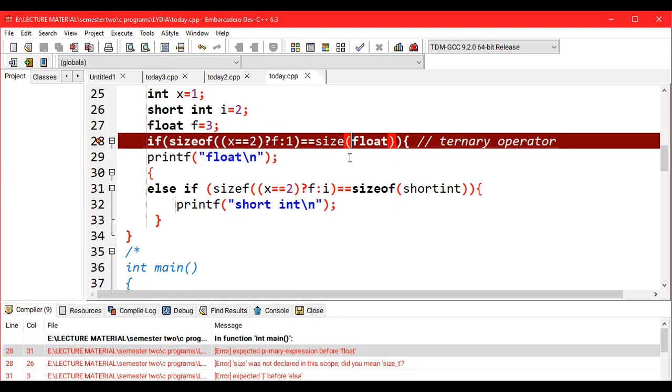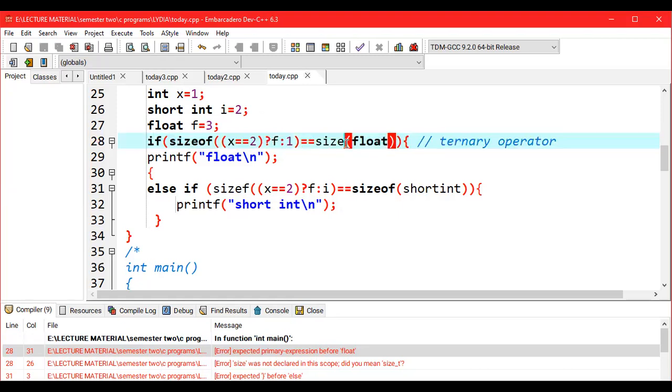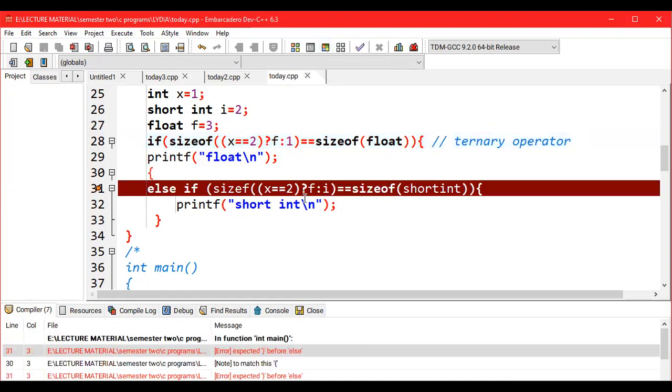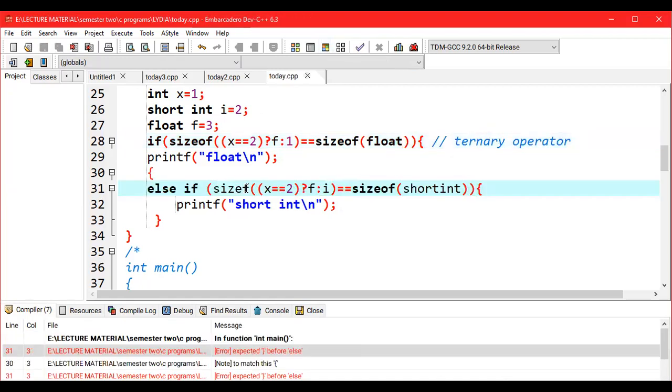Let me see. Maybe I wrote it poorly. Oh, here. Size of. Yeah. Hope you're also debugging your functions very well. Where have you changed?